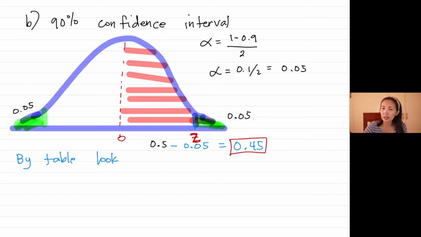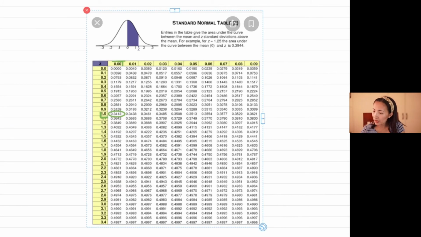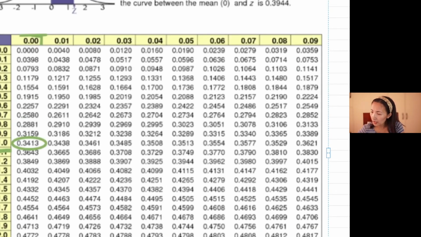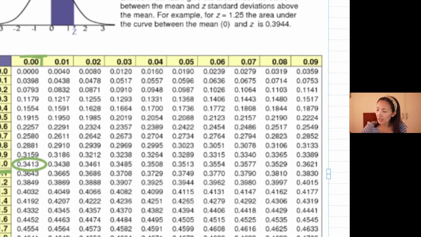From another table for z. Okay, so let me show you one more table. The table that we made use of a while ago gives the area to the left, from that z score to the left until the other tail. This particular problem, it's from z to 0. So look at the table. Entries in the table give the area under the curve between the mean and the z standard deviation above the mean.